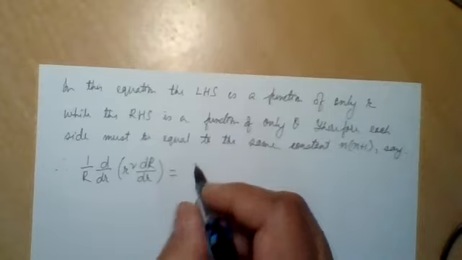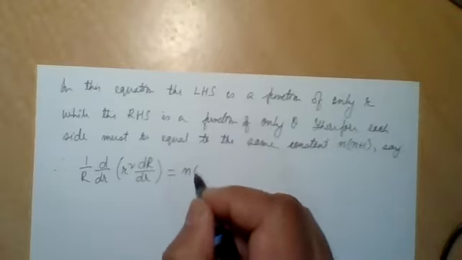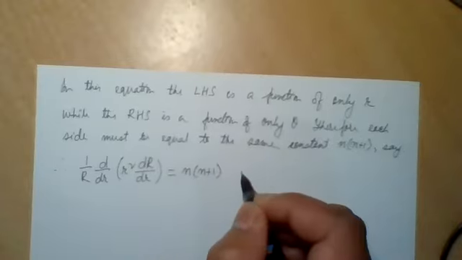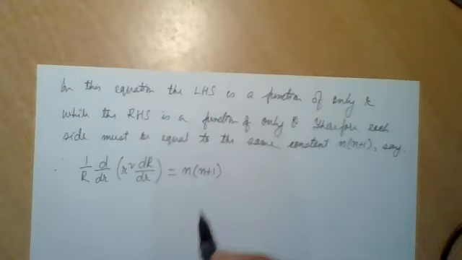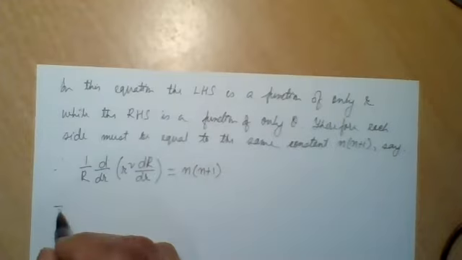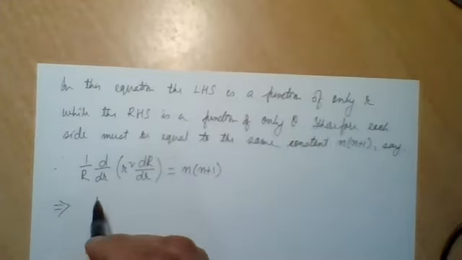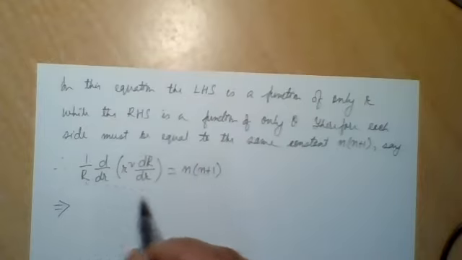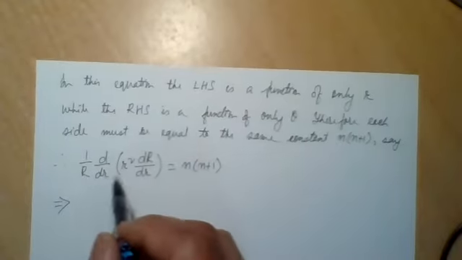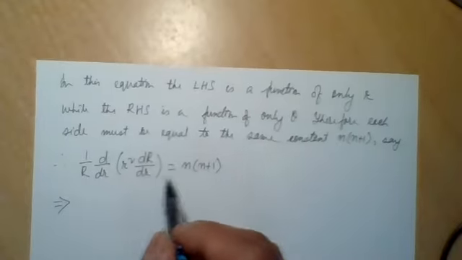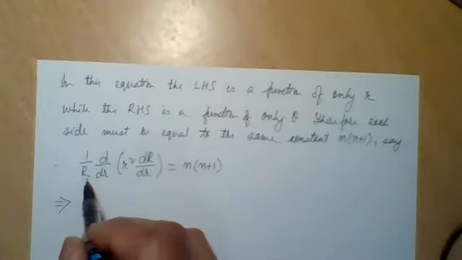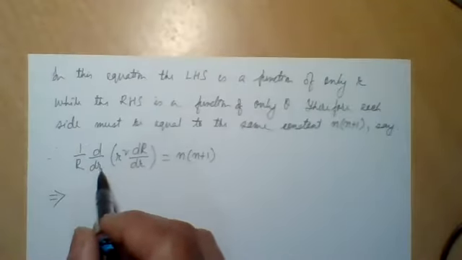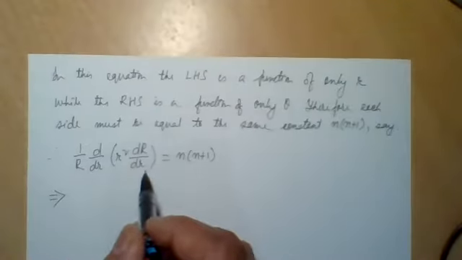This is equal to n into n plus 1. This implies, now I multiply this capital R towards the right. So I should have d by dr of r square dR by dr equal to n into n plus 1 times capital R. Then I expand this bracket.